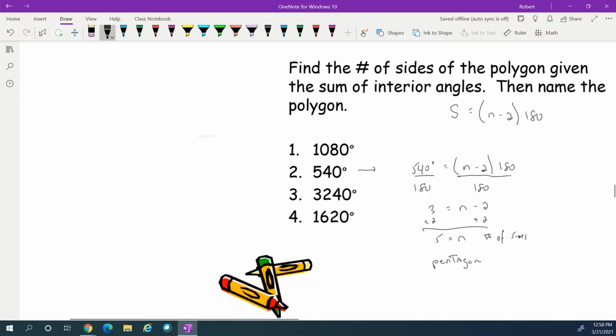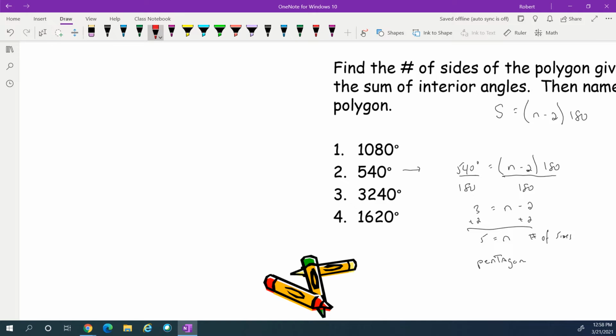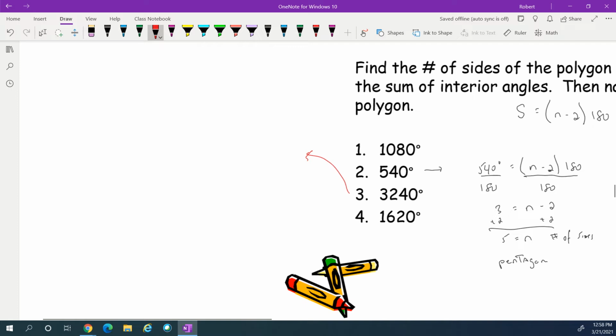And we'll do another one. I'm going to bring it over here on the left. Let's do number 3. The sum of the angles equals n minus 2 times 180. Again, we can divide by 180. If you prefer distributing, that's the same. We're going to get the same results. 180n minus 360. We're going to add 360.